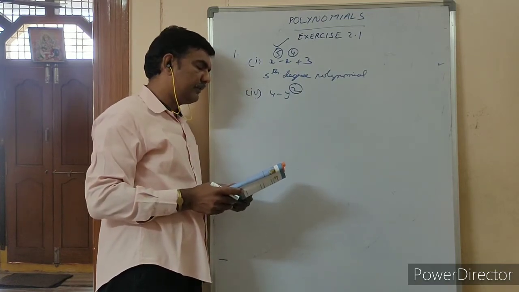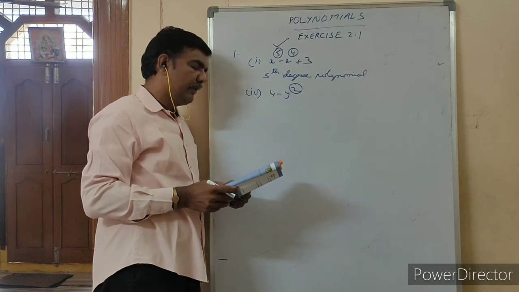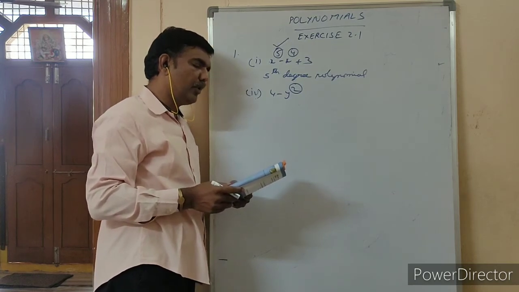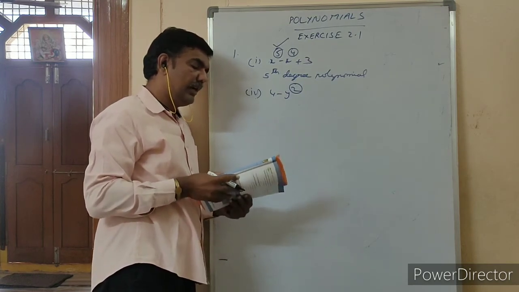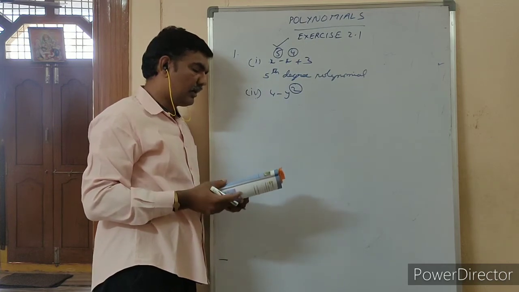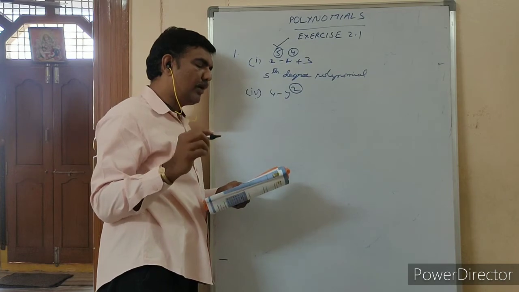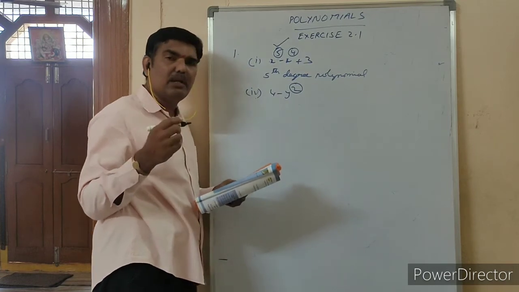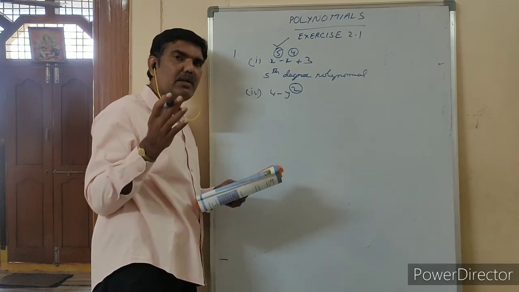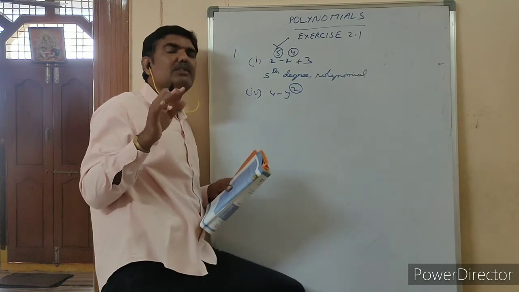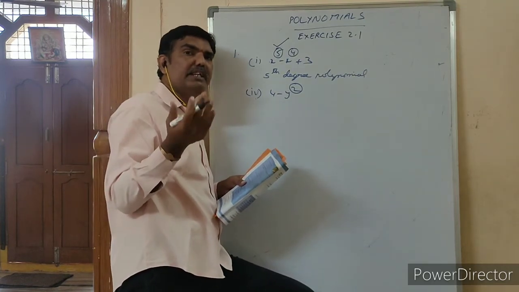Now go for the second question. Which of the following expressions are polynomials in one variable and which are not? So we want a polynomial in one variable. Variable means, as I said already, the values keep varying, changing.